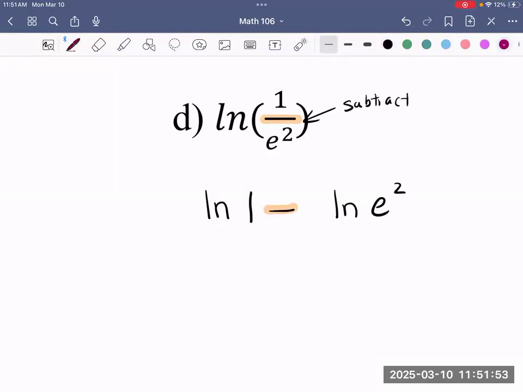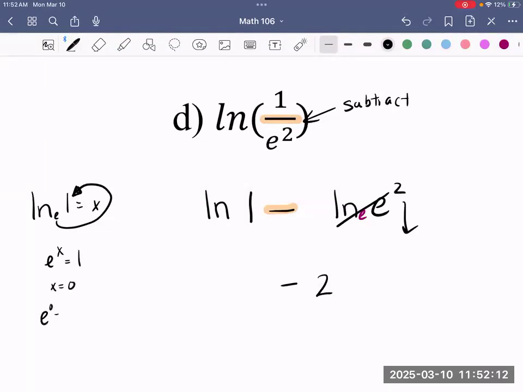Now think about this one, right? ln of e, that will allow us to cancel and drop. So we have -2. ln of 1, if we're confused, we can just set equal to x. And you can do your swoop method if you like. So e to the x is equal to 1. Therefore, x is equal to 0. So e to the 0 is equal to 1. So we have 0. In our case, we're equal to -2.